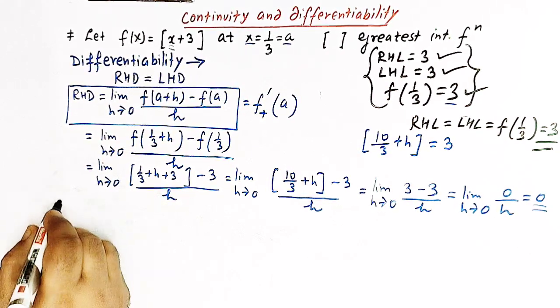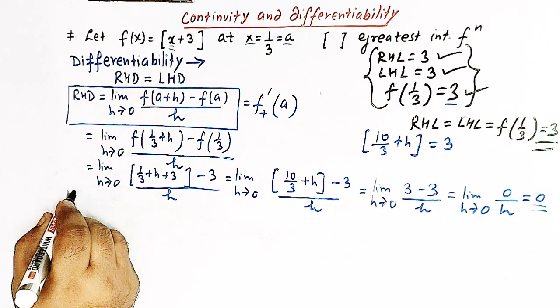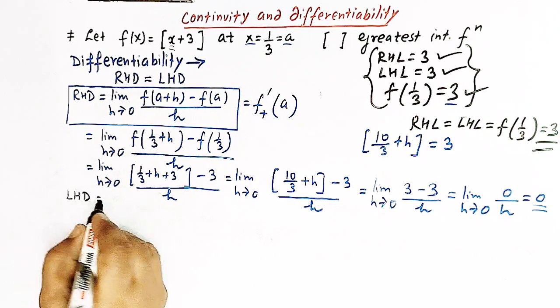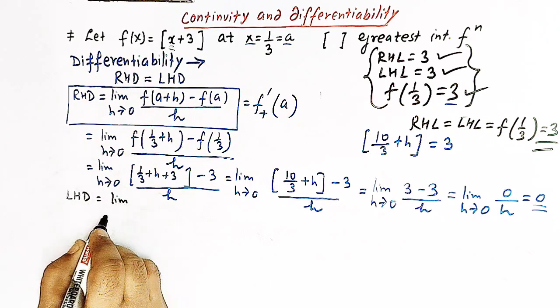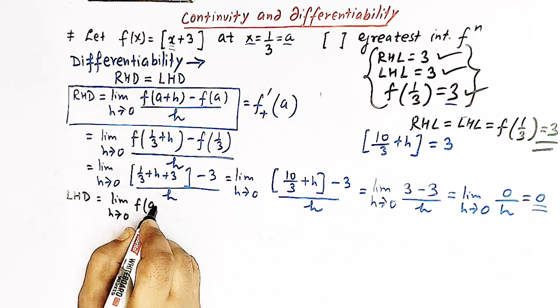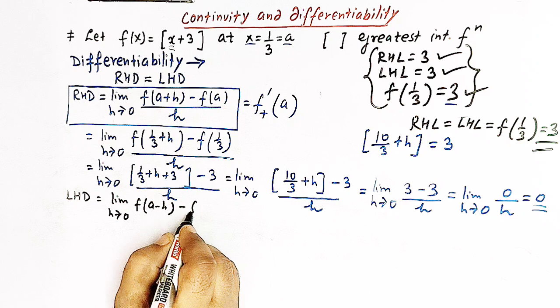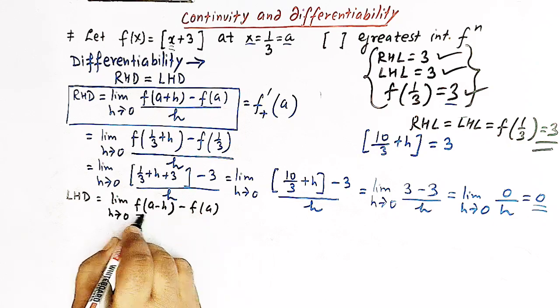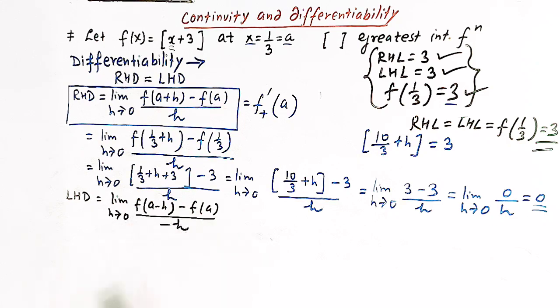So now let us calculate the left hand derivative. The left hand derivative is given by this limit h tends to 0 of f of a minus h minus f of a, divided by minus h.